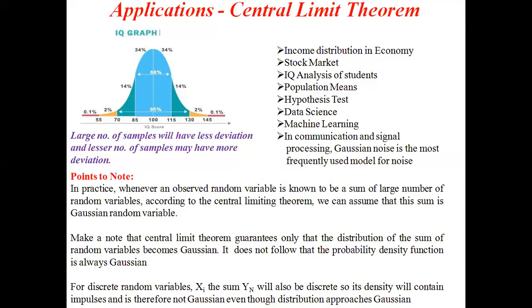If you draw the graph of the probability distribution function for all those samples, it will take the shape of a bell, which you can visualize here. That is, it takes the shape of Gaussian distribution, that is, normal distribution.